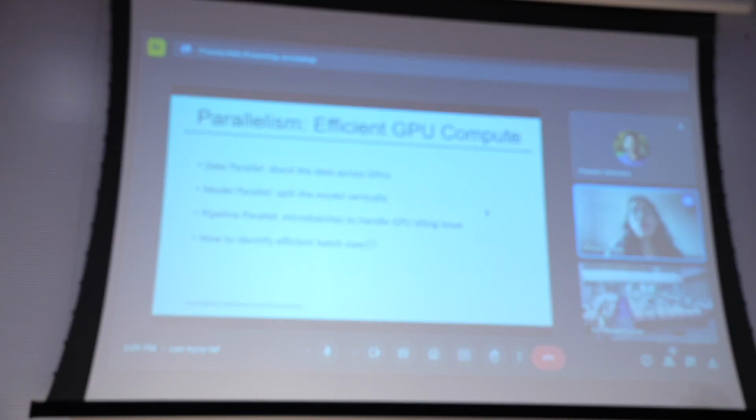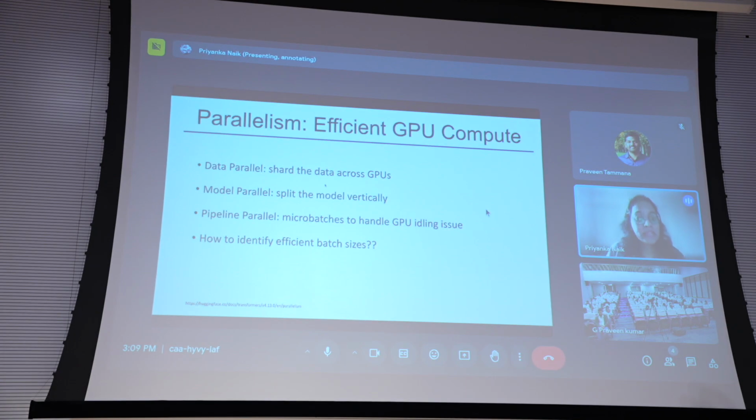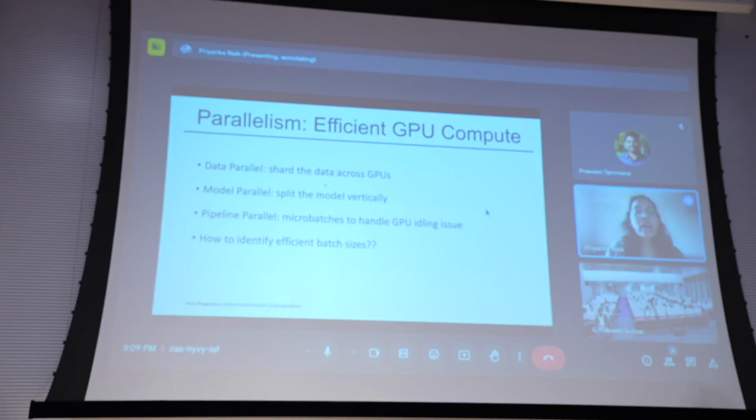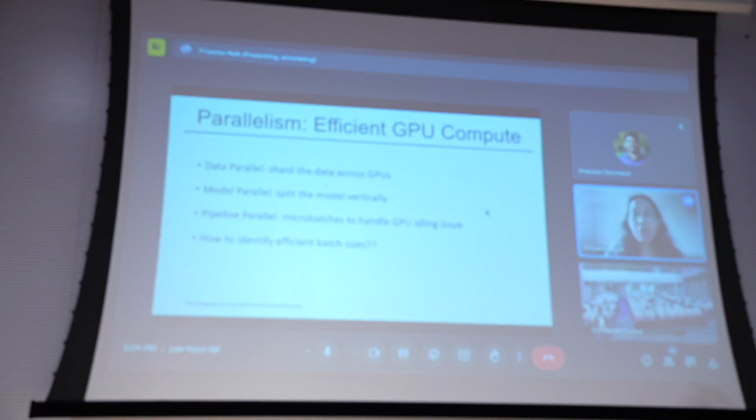So we are working on a simulator which will help simulate these parallelization techniques for your models based on your batch sizes or other configurations, and can predict that, okay, if you use this batch size, you'll get so and so training time, or you can reduce it by X or Y amount. Right?